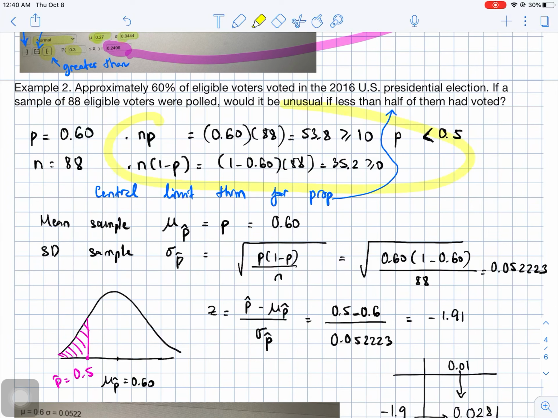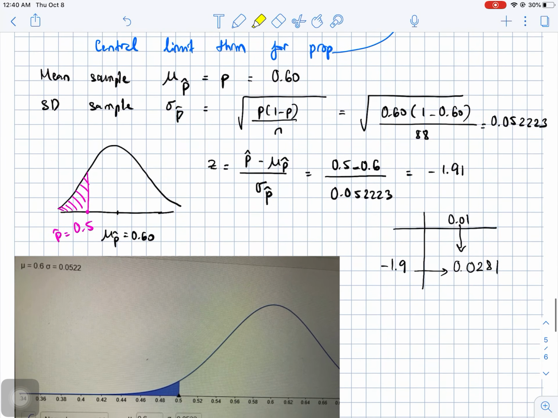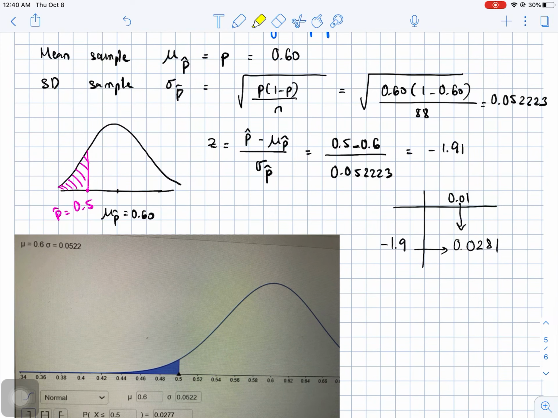And now, just like before, we will use the Geogebra to do this problem. And to use the Geogebra, we again have to check the condition, the NP and the N1 minus P. They have to be both greater than or equal to 10. And then we apply the central limit theorem, so we got this number.